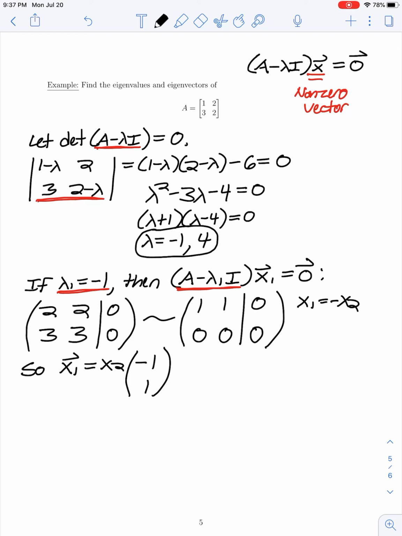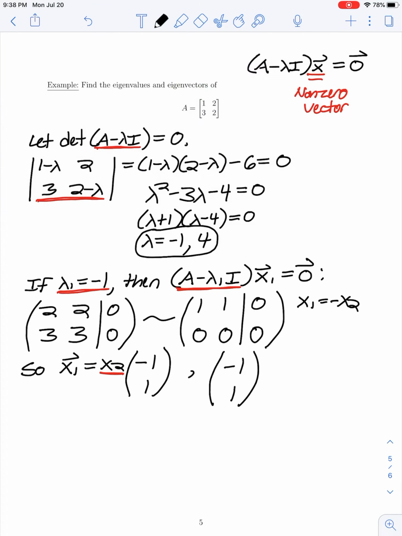One easy choice for an eigenvector might simply be (-1, 1) itself, if x2, our free variable, is chosen to be 1. But again, any non-zero scalar multiple of this vector will still be an eigenvector, because x2 can be any number I want except 0, because recall the 0 vector is never an eigenvector.